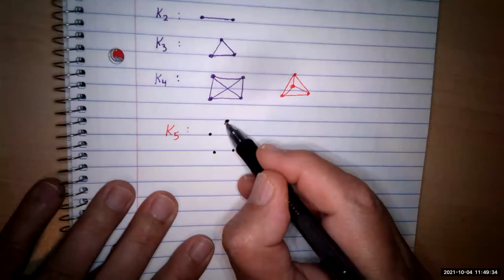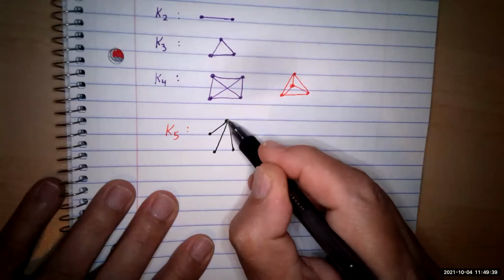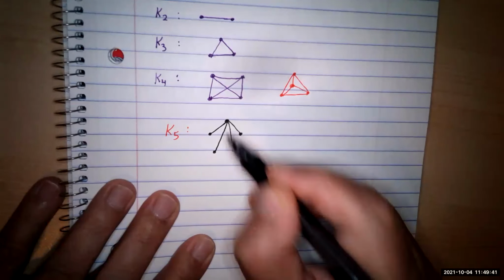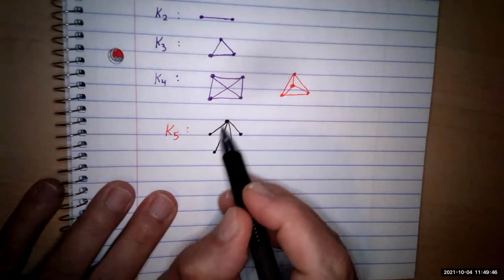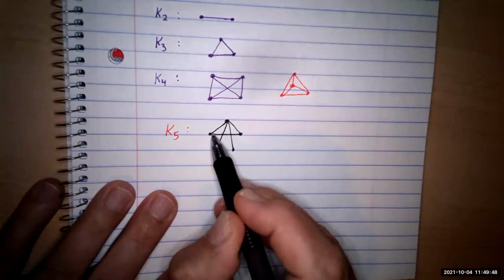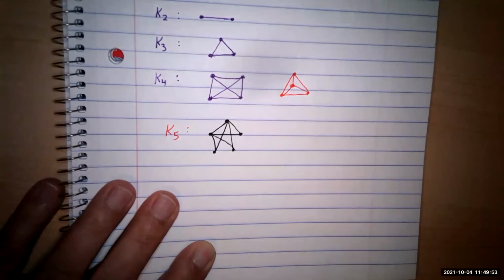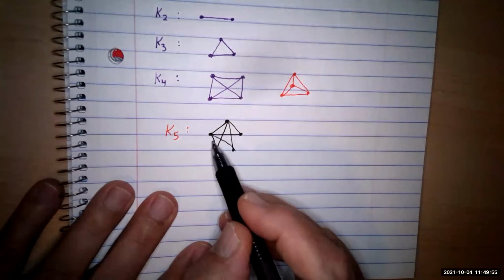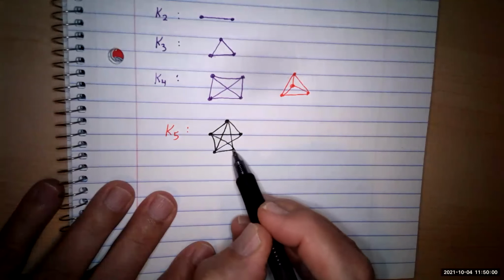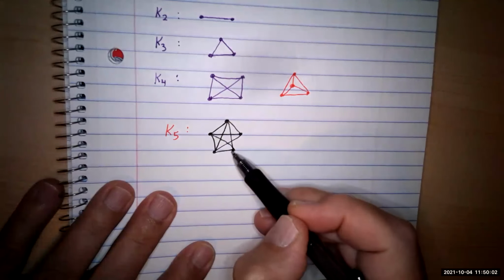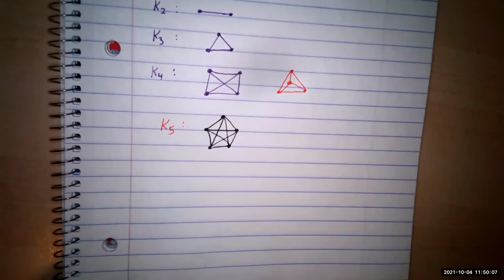You have to do the same for the others, 1, 2, 3, 4. So that's going to be K5.